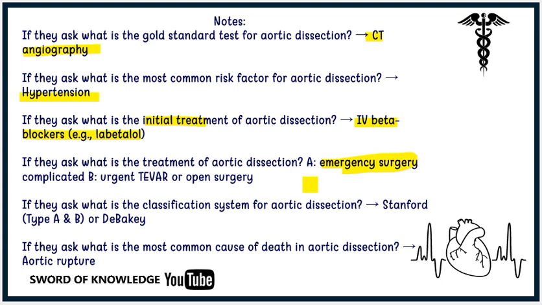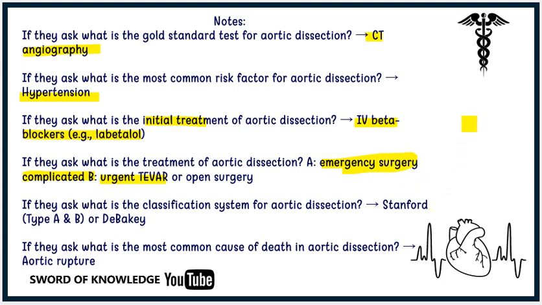On the other hand, if we have type B, which is complicated, then we do urgent TEVAR. What is TEVAR? It is the acronym for thoracic endovascular aortic repair. In this process, we do a minimally invasive procedure where we place the stent via femoral artery to the aorta.